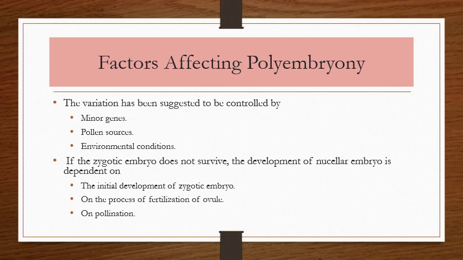If the zygotic embryo does not survive, the development of the nucellar embryo is dependent on the initial development of the zygotic embryo or the process of fertilization of the ovule, and may also depend on pollination. The nucellar embryo apparently may not develop independently of the process of sexual reproduction, and in most cases it requires the development of the zygotic embryo.